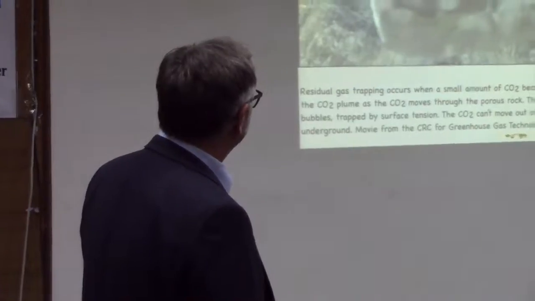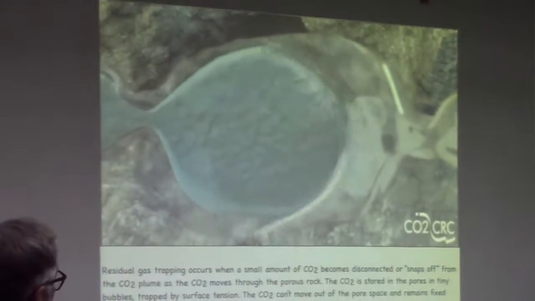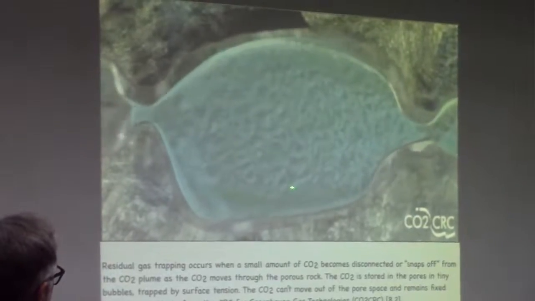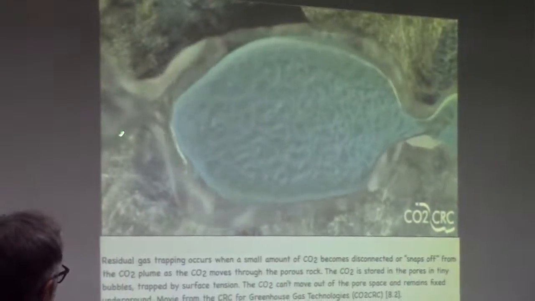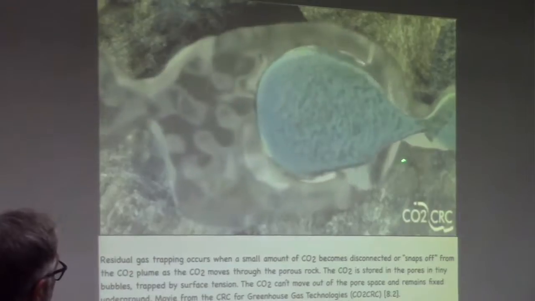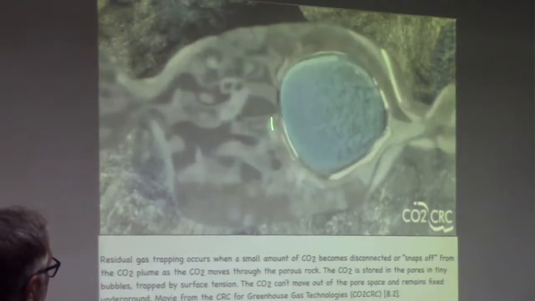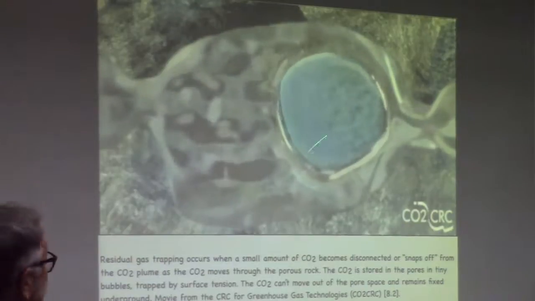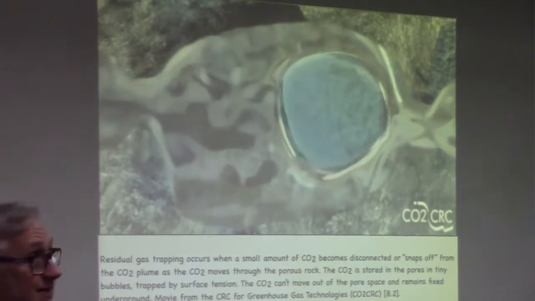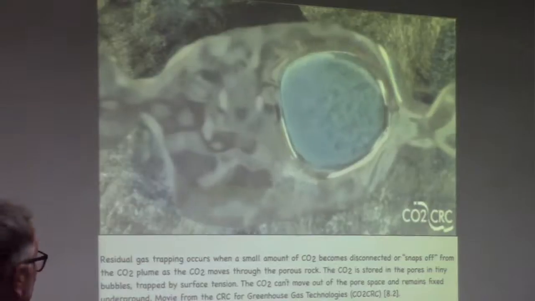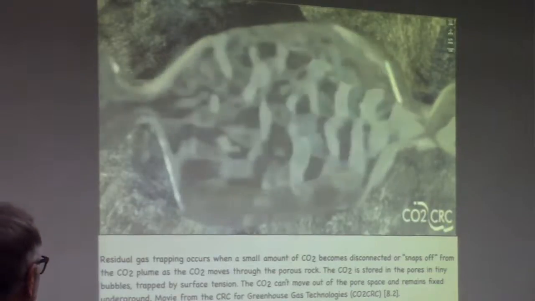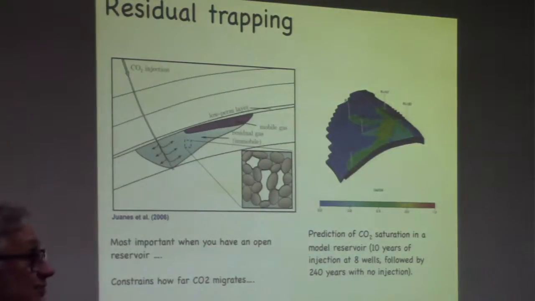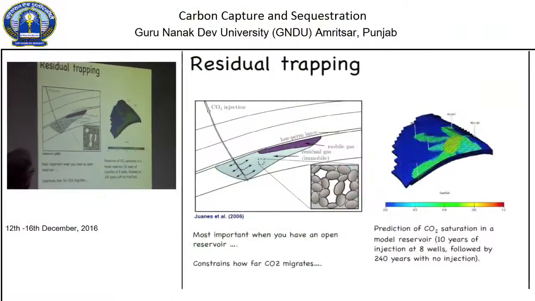So here comes the CO2, and it displaces the water, or brine, and there's the CO2 moving through. And then the brine comes in behind it, and because of differences in surface tension, you're left behind with a little droplet inside. That's a CO2 droplet embedded inside of this water. Okay, that's called residual gas trapping, and it occurs first after we've pumped it underground.